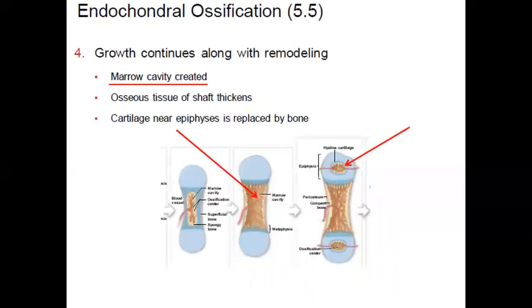Growth continues with what's called remodeling. So basically this creates the marrow cavity, where this first arrow is pointed here. The marrow cavity, remember, is the opening down the shaft, or diaphysis, of the long bone. So as remodeling occurs, and remodeling is just the process and the combination of both building and breaking bone down. So basically, as you break bone down in here, you create this cavity, and then you start to build bone and compact it together.